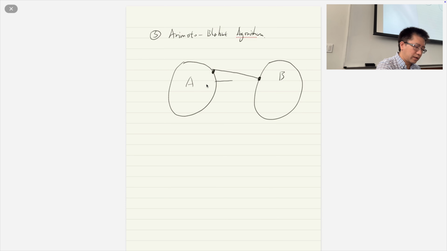Then we repeat, and so on, until it converges and they do not move anymore, then probably that's the closest. Normally we cannot guarantee the optimality, but if these two sets are convex, we can guarantee the optimality of this algorithm.